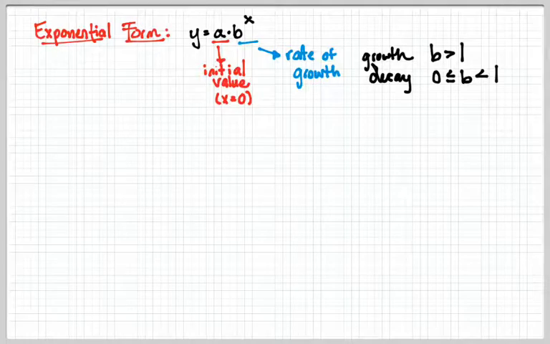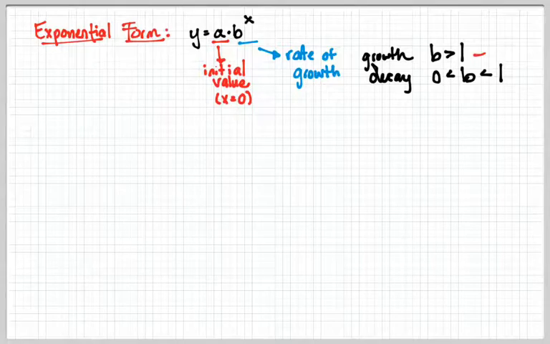Actually, I probably should be more specific here. There we go. Can't be equal to 0. So that's how we're going to determine if the function is growth, which will be moving away from the asymptote, or if it's decay, and that means it's approaching the asymptote.